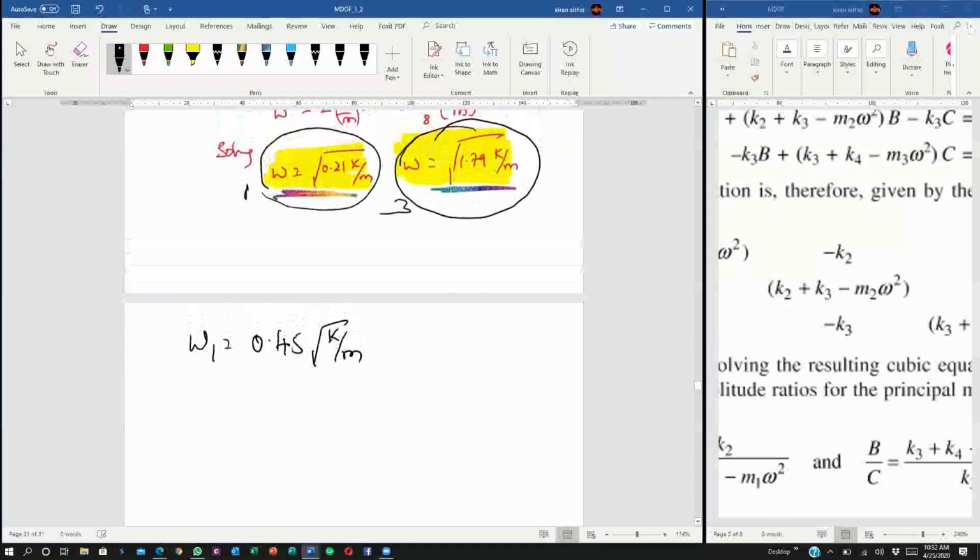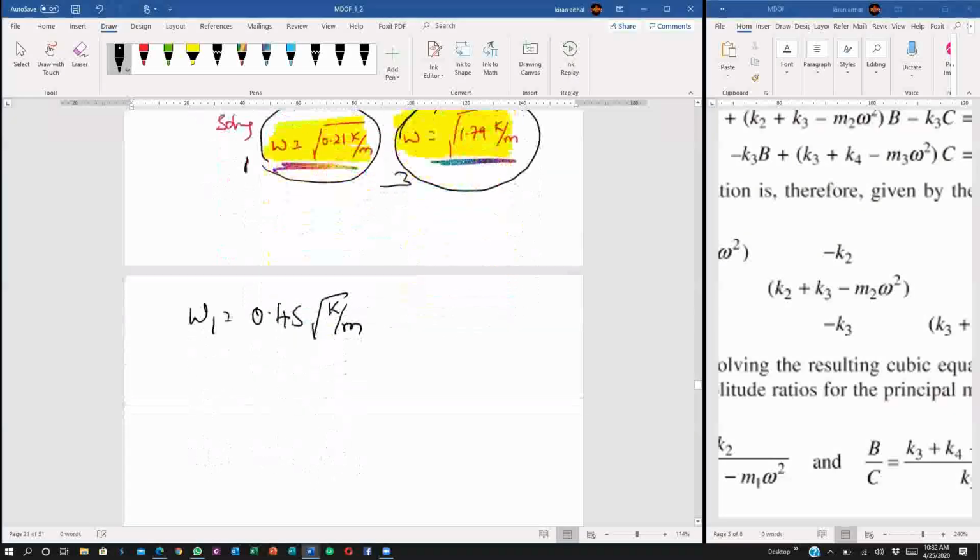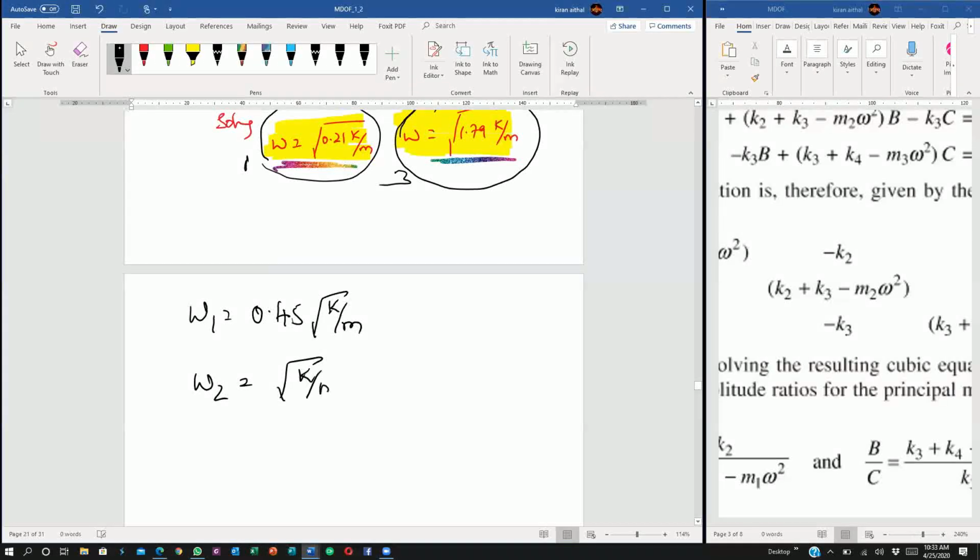Similarly, the next one will be omega 2 is equal to root k by m, and omega 3 is equal to, if I take the root of 1.79, I'm going to get 1.33 root k by m.